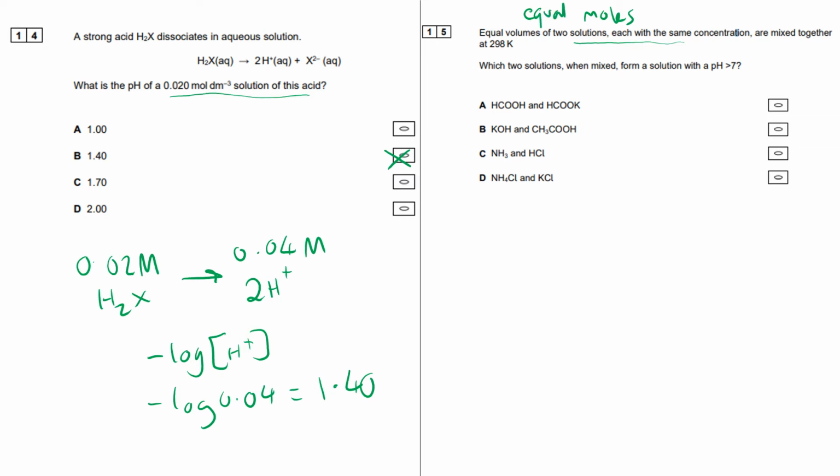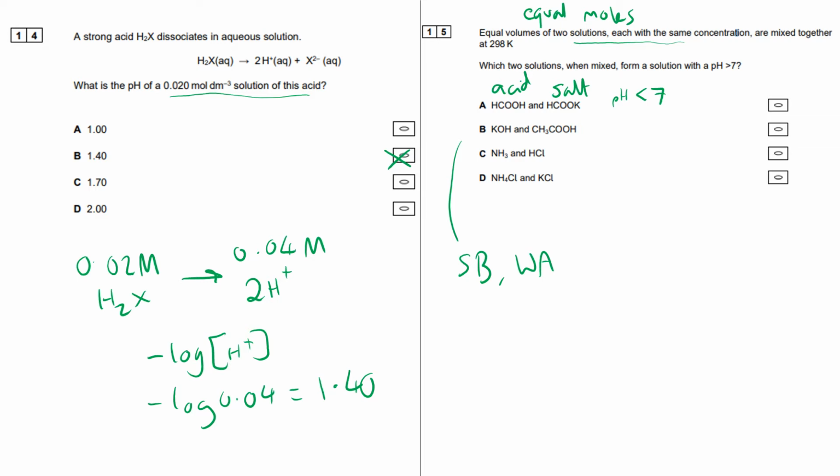So let's work out which substances we have. In statement A, what we have is an acid, methanoic acid, and its salt. So when you mix those two together, you're going to have a pH of less than 7. Statement B, you have a strong base and a weak acid.